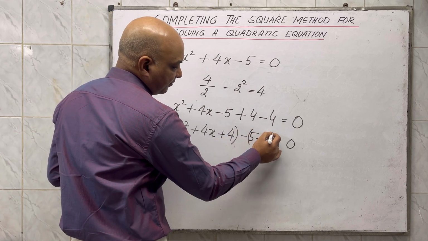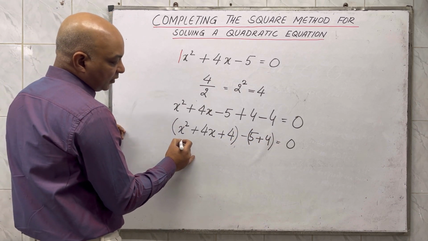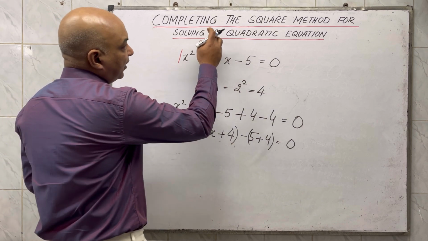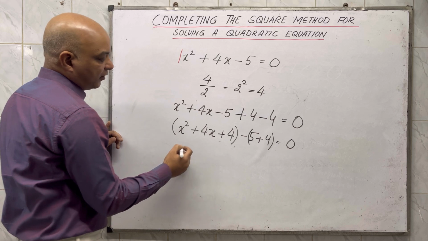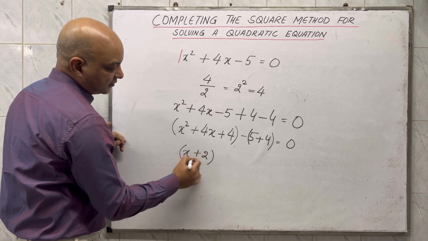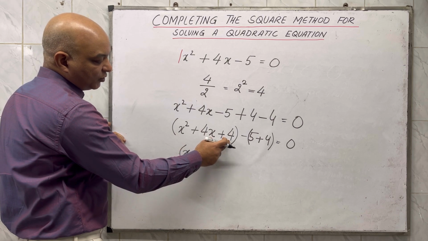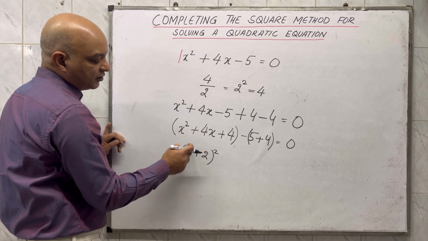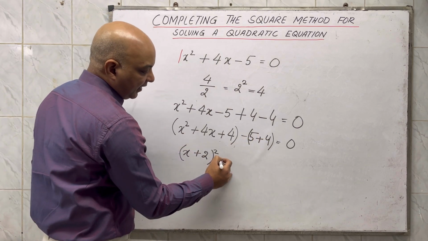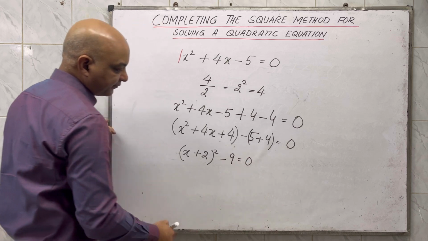Here I can take even the minus sign common. So you will see that these three terms will become a complete square of (x + 2). This is x², this is 2², and this is 2 into x into 2, for x. And this becomes minus 9.